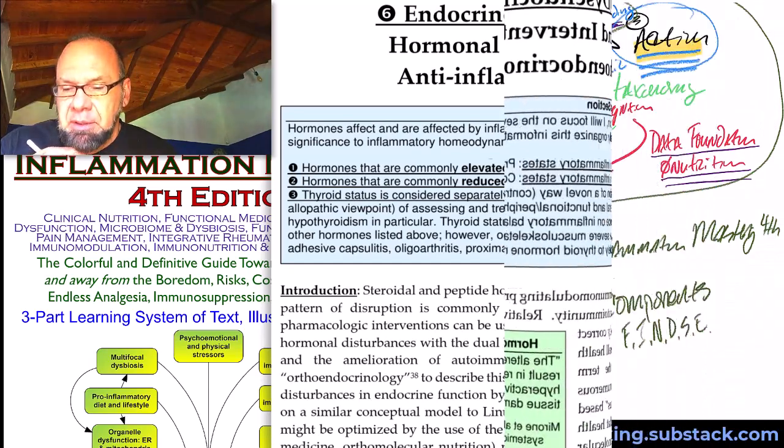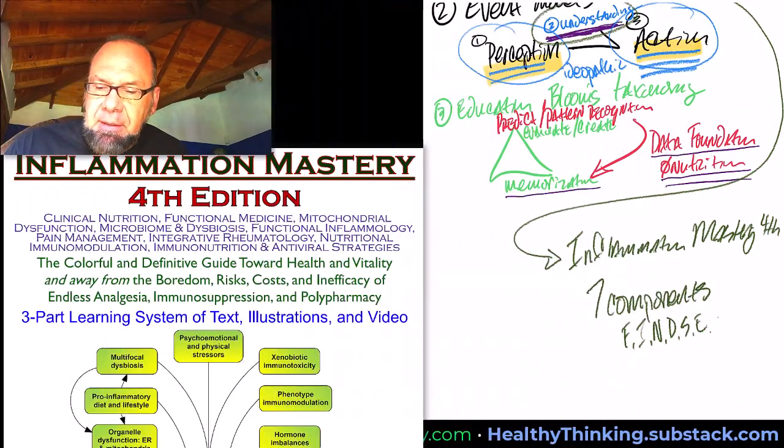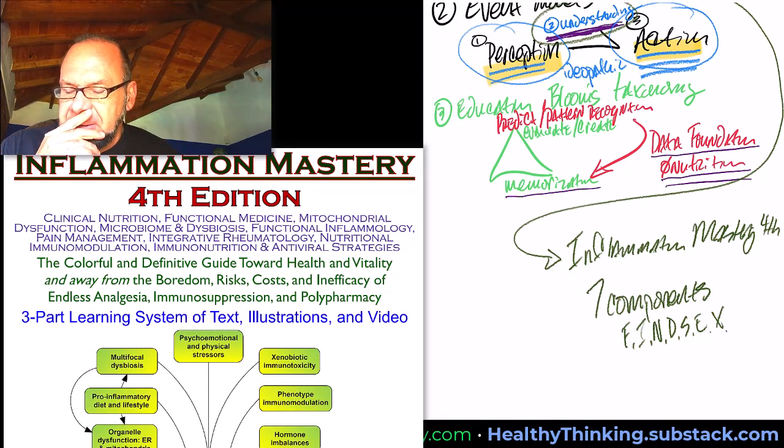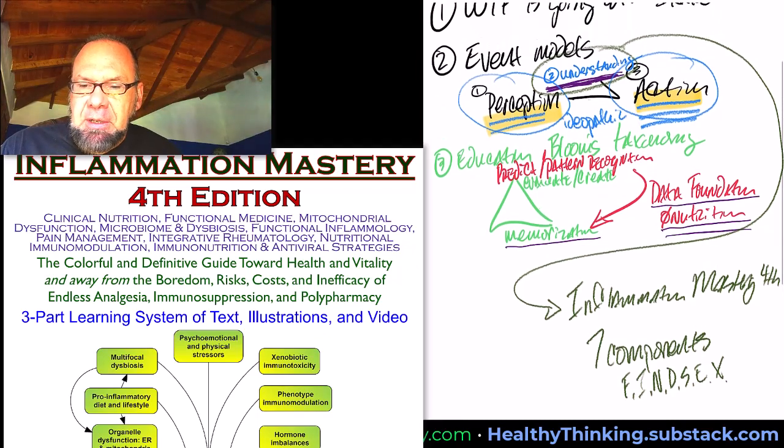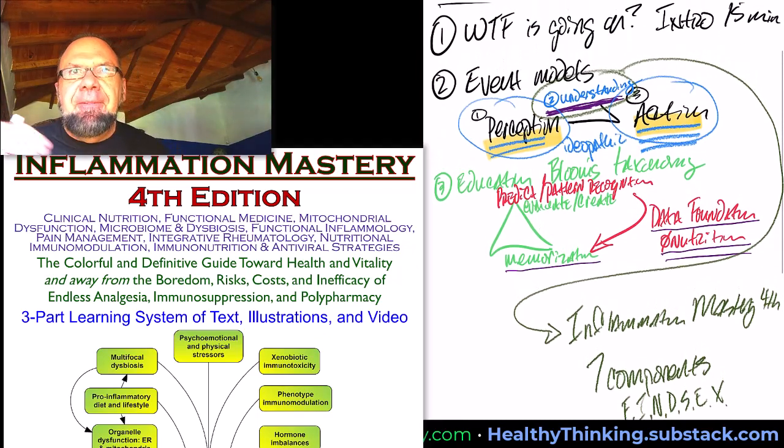And then xenobiotic immunotoxicity, of course, and neurotoxicity, that's not discussed in the practice of medicine. So these fields of study do exist outside of what's taught in medical school. They do exist, and they are important. And in fact, as I just said, they form the basis of my protocol.